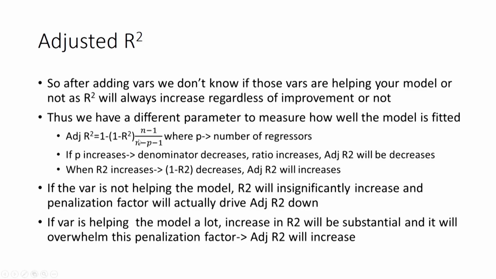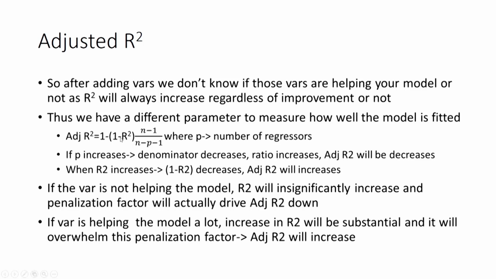So, we added this penalty term, because we have seen r square was always increasing. Because of the increase in r square, adjusted r square will increase, but since a new variable is added, because of that adjusted r square will decrease.